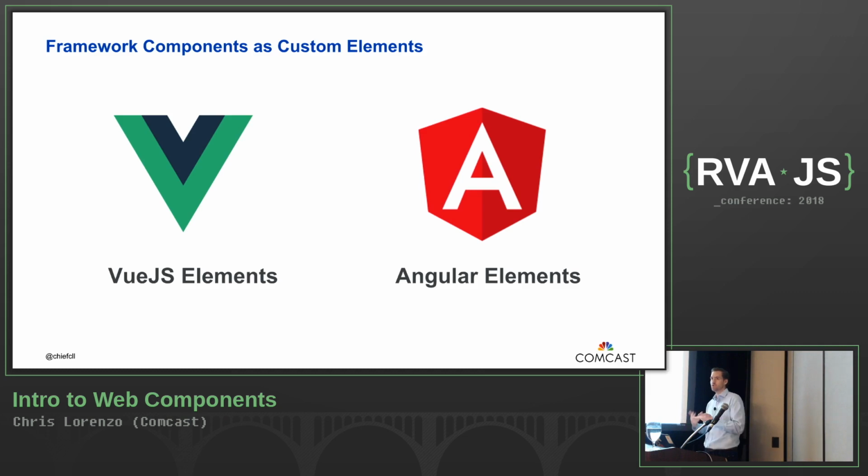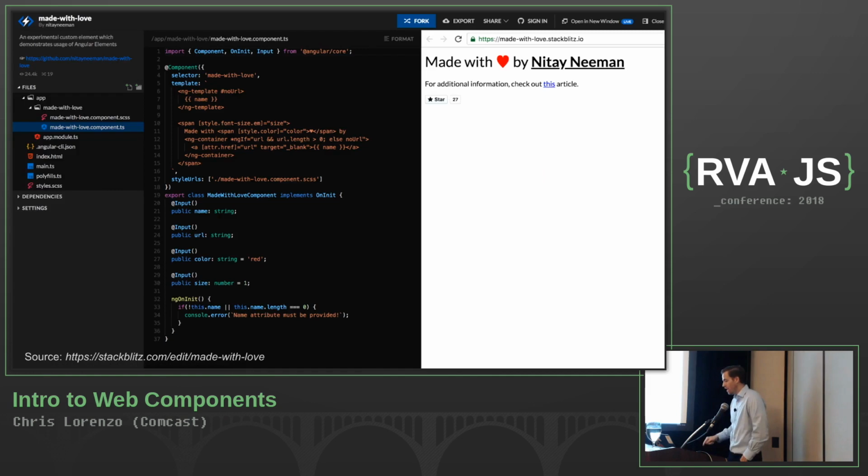So it is loading Vue.js or Angular as well, which is about a 50 kilobyte penalty for Angular, and Vue is about 20 kilobytes. Here's an example of doing it with Angular. You get to use all the TypeScript, magical decorators, and things that Angular offers to build vanilla custom elements.